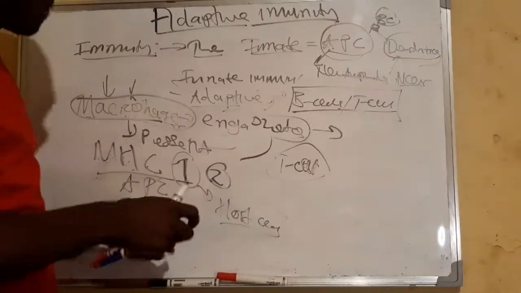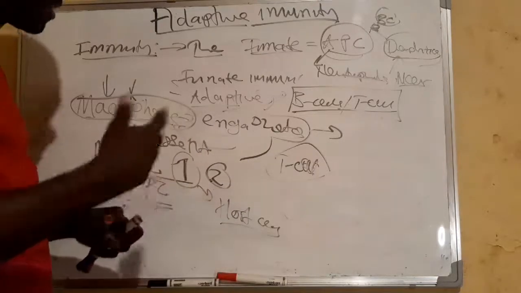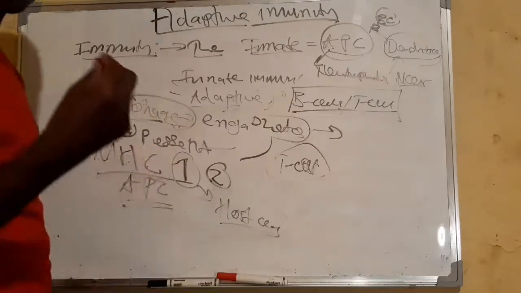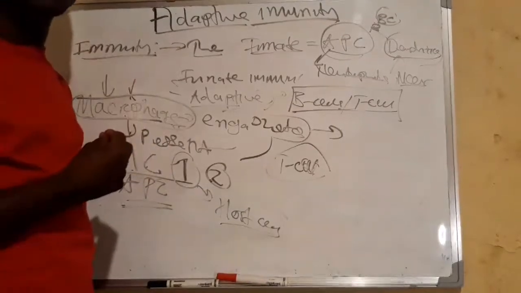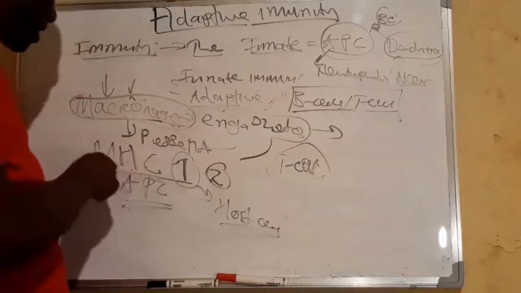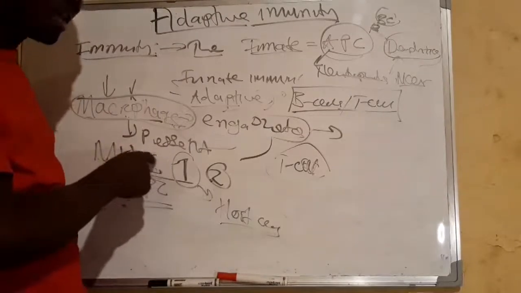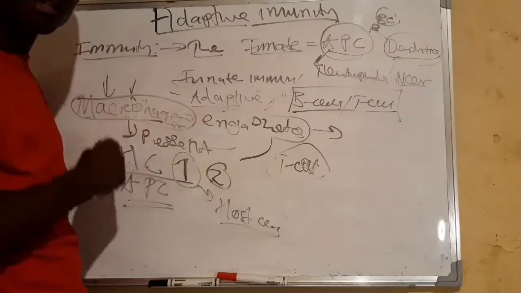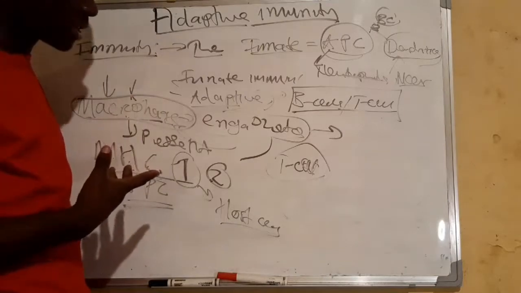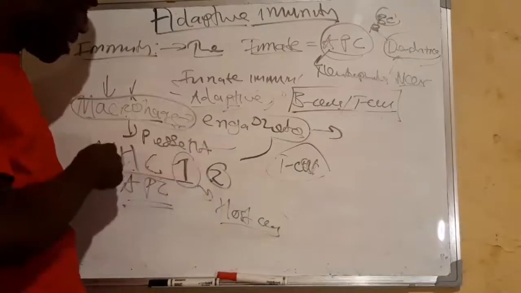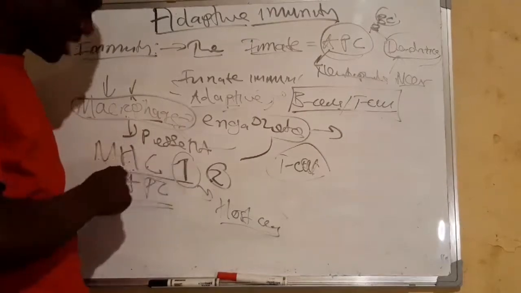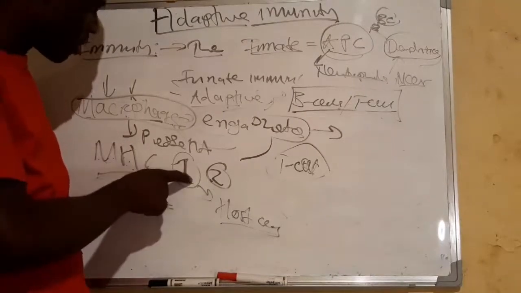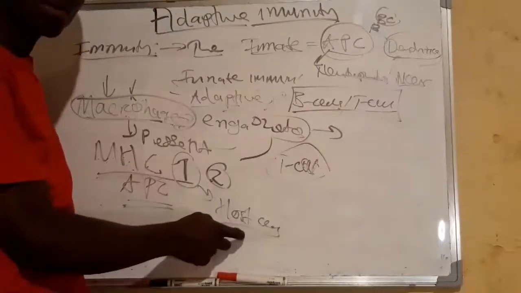When they are affected by viruses, they process the virus inside them and present the peptide, the fragment of that virus, using major histocompatibility 1, which is MHC1. This is for the host cell.